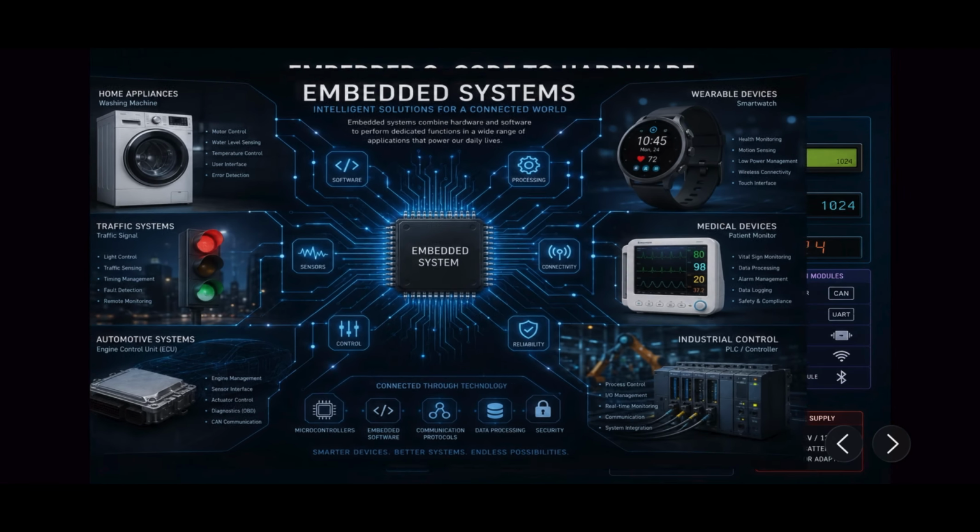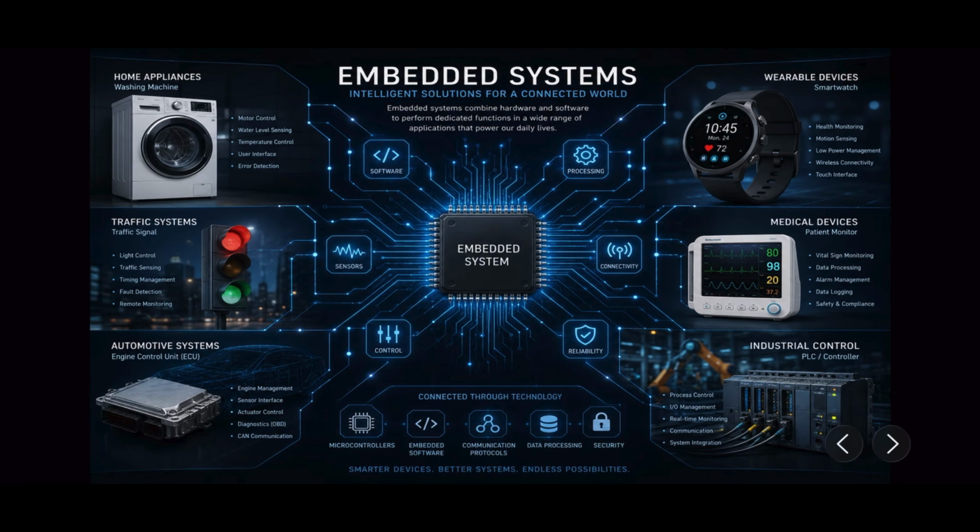Firstly, let's understand the word embedded. An embedded system is a computer designed to perform a specific task. Unlike your smartphones or laptops, which can run multiple applications on one device, an embedded system is built for one dedicated purpose. For example, engine control units, airbag controllers, washing machine controllers, smart watches, medical devices, traffic light signals.